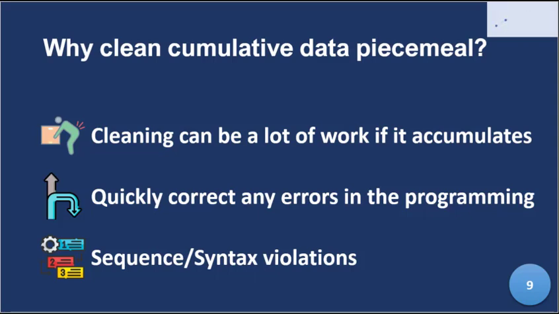So if you are capturing data on cars passing a particular junction and the format of the time was wrong, you can quickly feed back and say the way you collected data yesterday was wrong, correct it. So you clean today's data, but by the time data for cars is being collected tomorrow, it should have been fixed. But if you wait for 30 days to pass, you would have to collect and clean more.